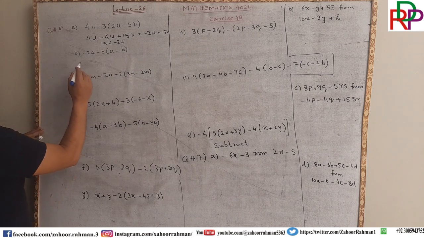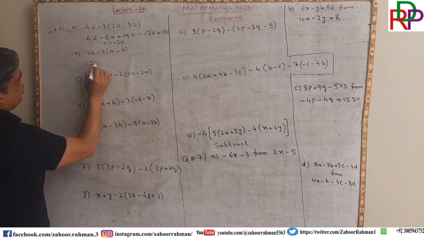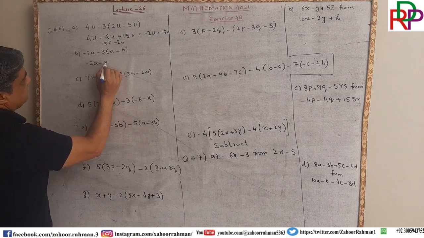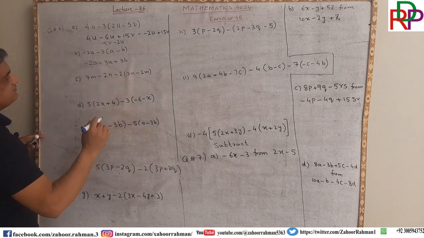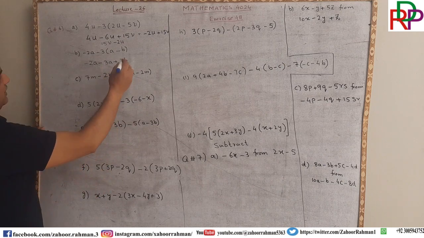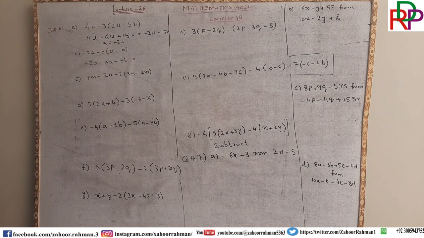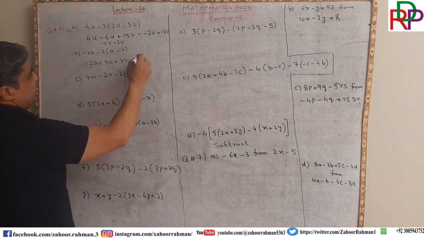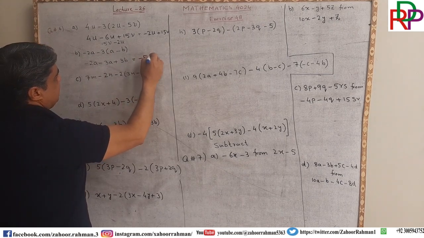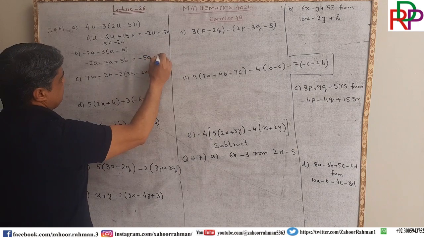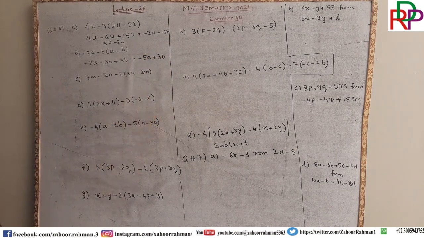The next question is saying minus 2a and minus 3a plus 3b. When we are adding minus 2a and minus 3a, it will give you minus 5a plus 3b as the ultimate answer.